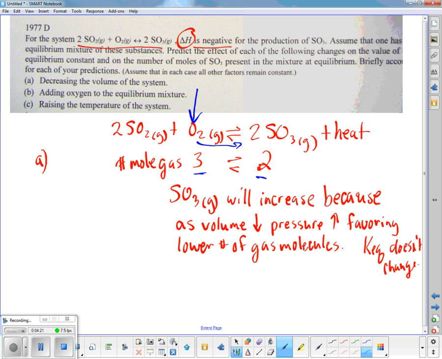So in B, what are we going to say about that? They want to know what's going to happen to SO3. So what's going to happen to SO3? Increase, right? It'll increase. Why?